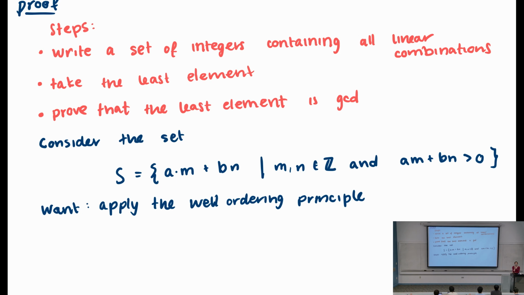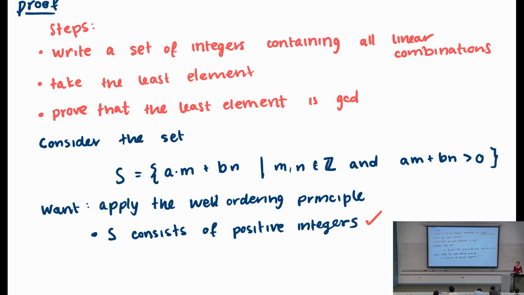Yeah, so S must consist of positive integers. Is this true? Yeah, because A, B, M, and N are integers, so this quantity will also be an integer, and then we also just asked that this was positive. So S does consist of positive integers.